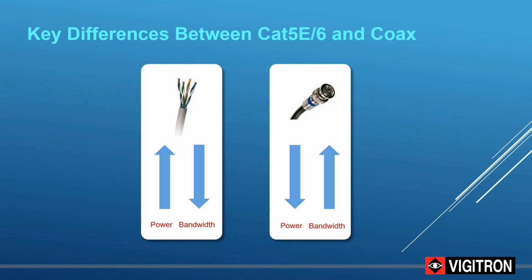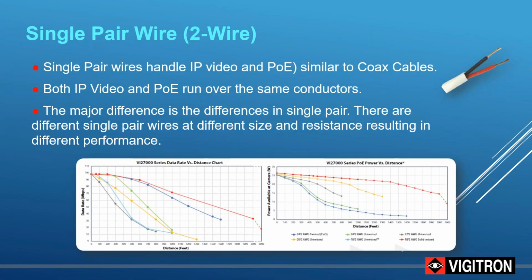In general, as we spoke about cabling, if we're talking about UTP cable, because of the use of multiple pairs, we have the ability of transmitting power a longer distance, but at a reduced bandwidth. If we talk about coax, we have a great deal of resistance to power, but it has an increase in bandwidth due to the size of the cabling, so we can transmit bandwidth a longer distance.